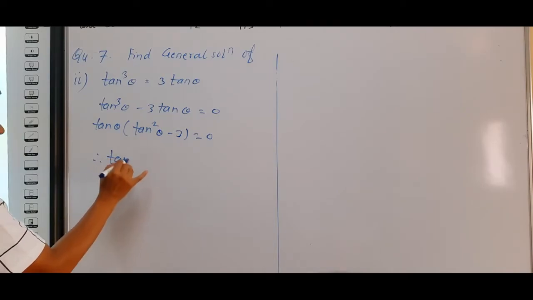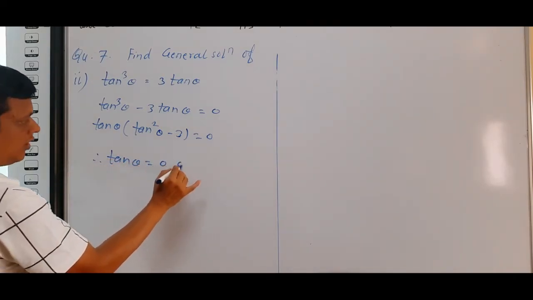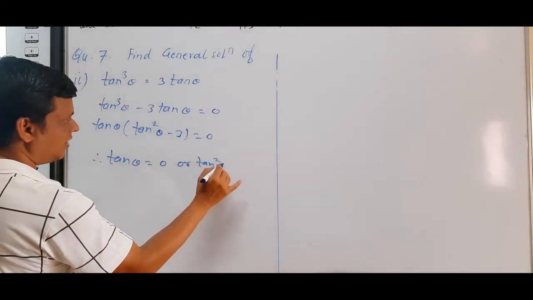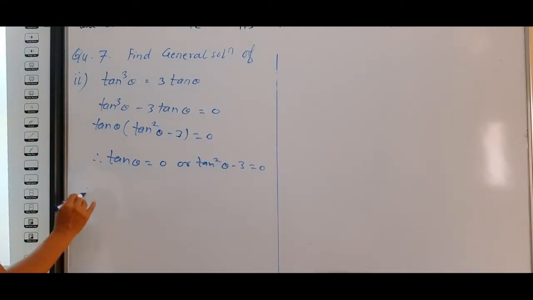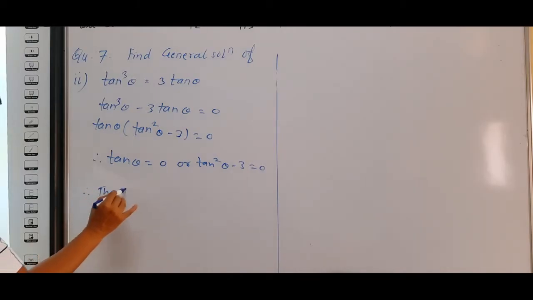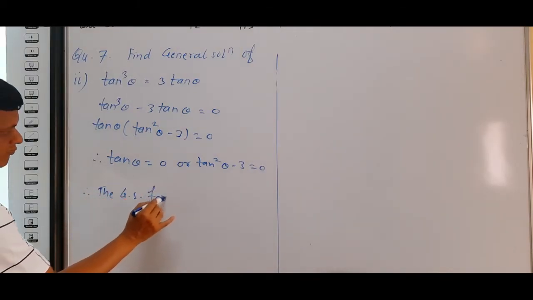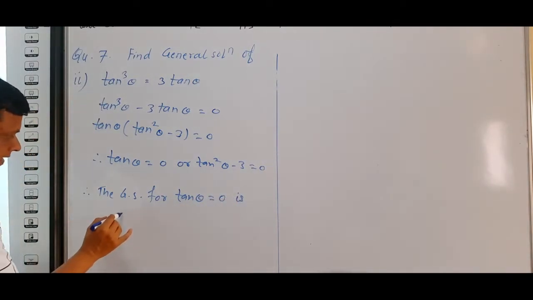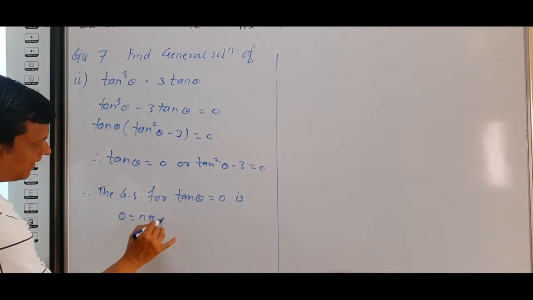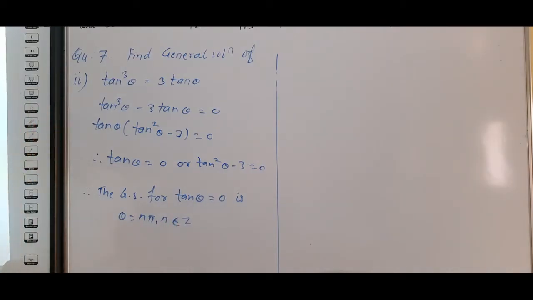Therefore, tan theta equals 0 or tan square theta minus 3 equals 0. Therefore, the general solution for tan theta equals 0 is theta equals n pi, n belongs to Z.